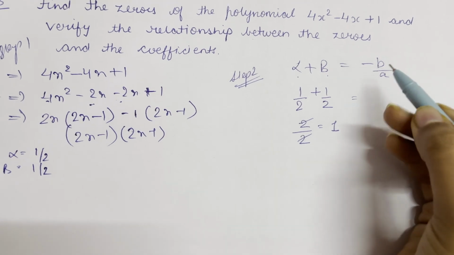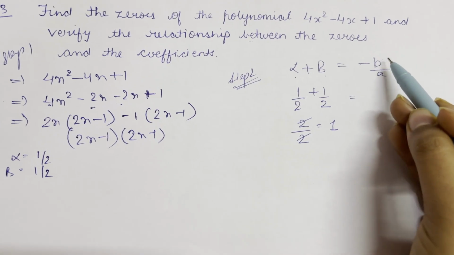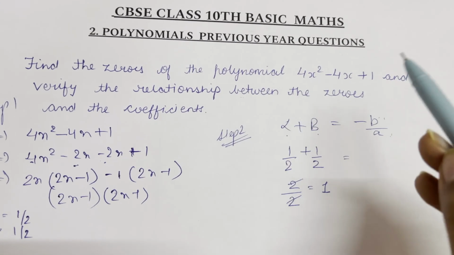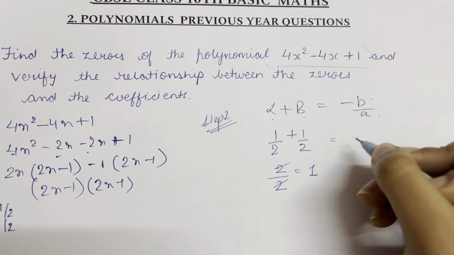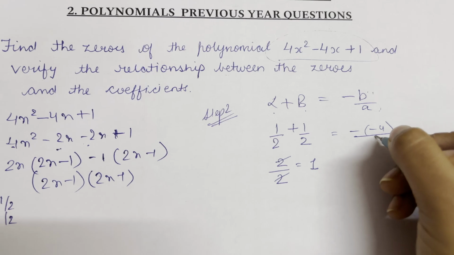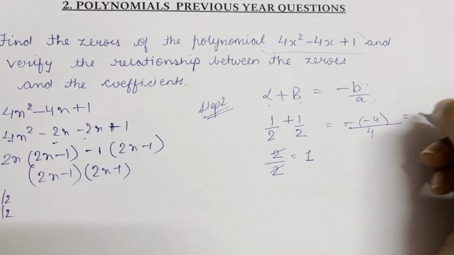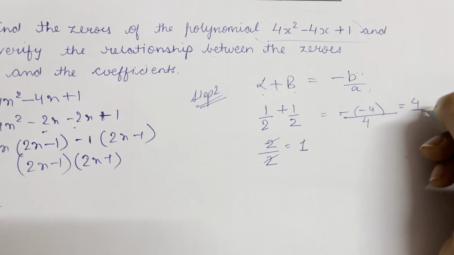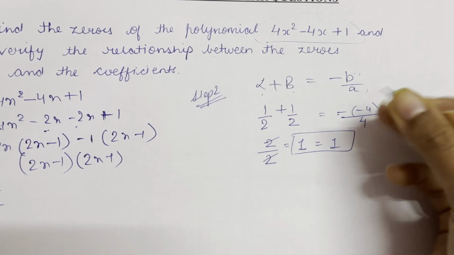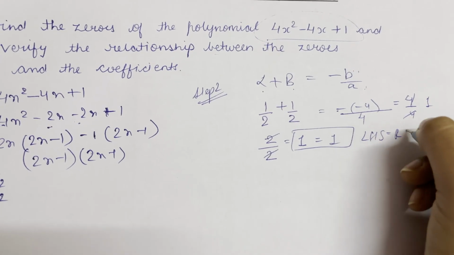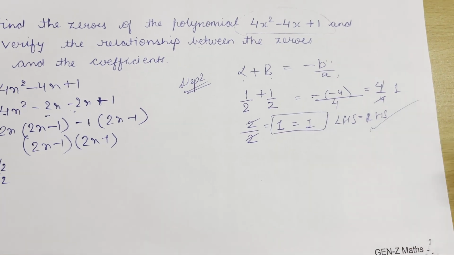Now if I take the value of minus b by a from this polynomial, the value of b is minus 4. When we multiply minus 4 upon 4, this minus got multiplied with minus b, become plus, and 4 upon 4 gives us 1. And this relationship as LHS is equal to RHS, it's been verified.